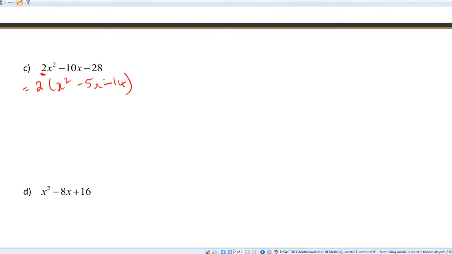So I've taken 2 out as a common factor, and now what I'm going to do is factorize this monic quadratic trinomial, which has only a coefficient of 1 there. So -14 is my number, and I am going to choose 2 times -7, and straight away that's the one I'm after, because 2 plus -7, or 2 take away 7 is -5.